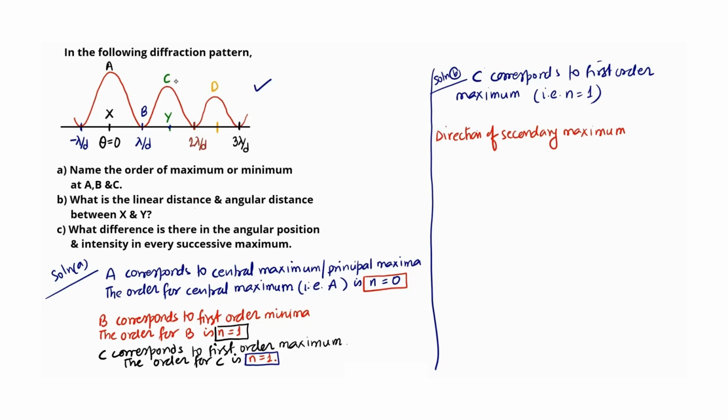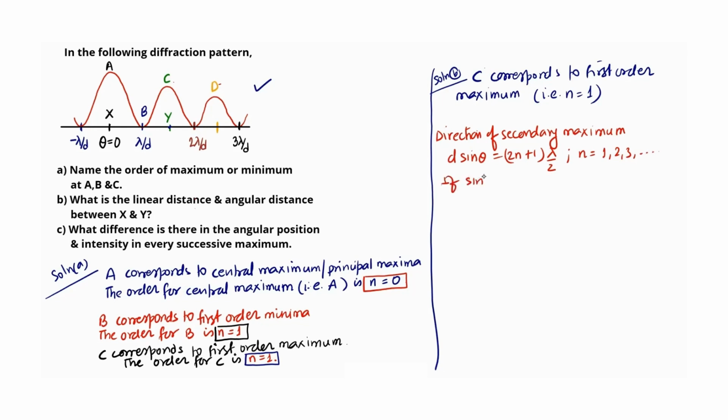It is given by this relation: d sine theta equals 2n plus 1 lambda by 2, and n equals 1, 2, 3, and so on.